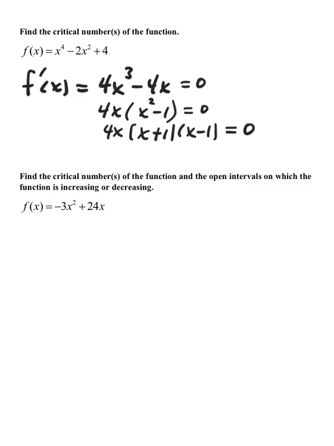Set each factor equal to 0. 4x is equal to 0 when x equals 0. X plus 1 equals 0 when x is negative 1. And x minus 1 is 0 when x is positive 1.